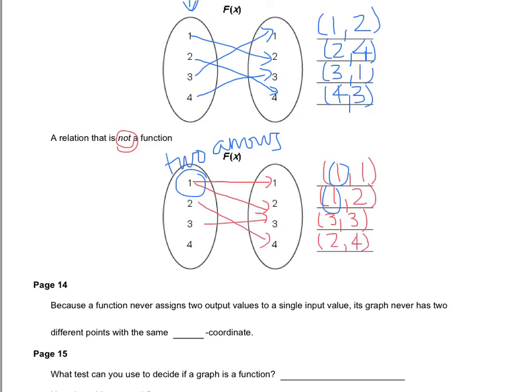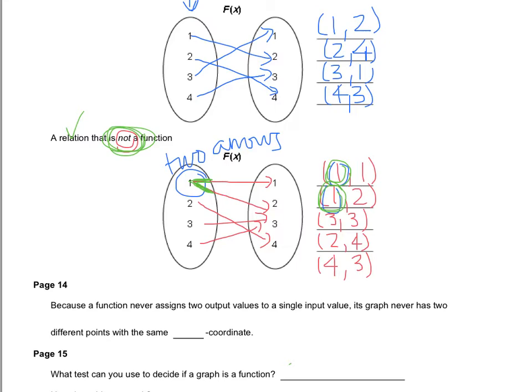And 4 could go to 3 as well. But simply because this right here has two arrows coming from it, and there's two 1s listed in our table, this makes it not a function. Not a function, so it is a relation though.